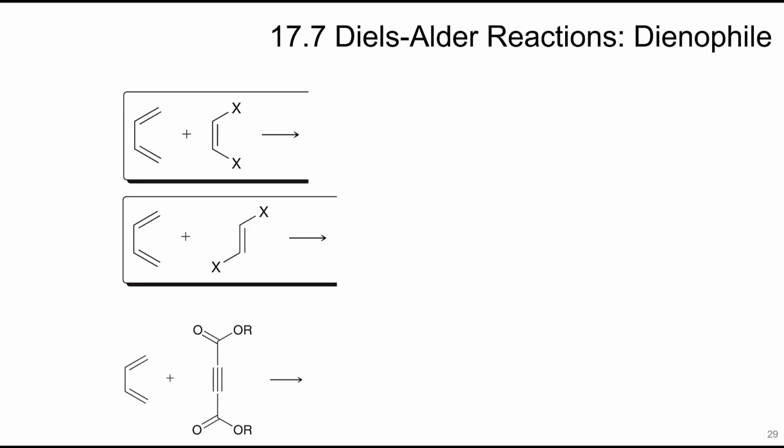Diels-Alder reactions are stereospecific, depending on whether an E or Z dienophile is used. If you do this reaction with this Z alkene, these attack from the same side. This is the new alkene that's formed.